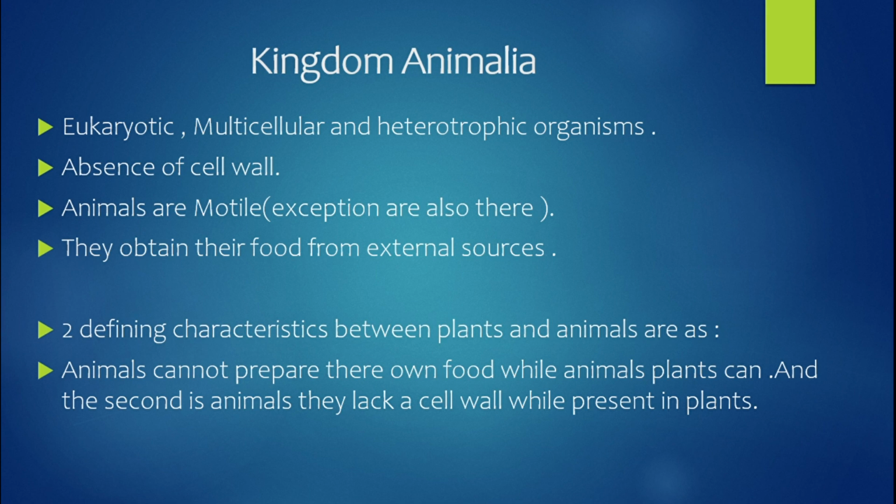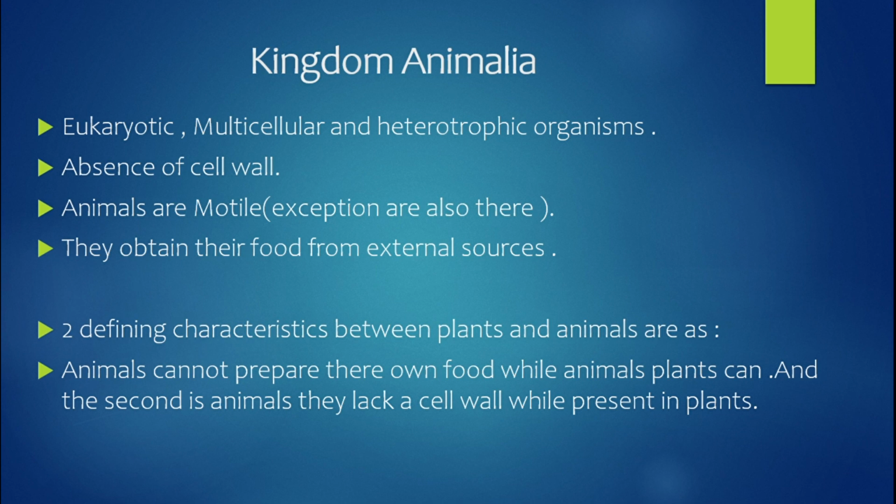And the second is that there is a lack of cell wall in animals, while cell wall is present in plants. These are the two differences I have told you. I want you to let me know how many differences you know about plants and animals, and I will give it a heart if it is a correct answer.